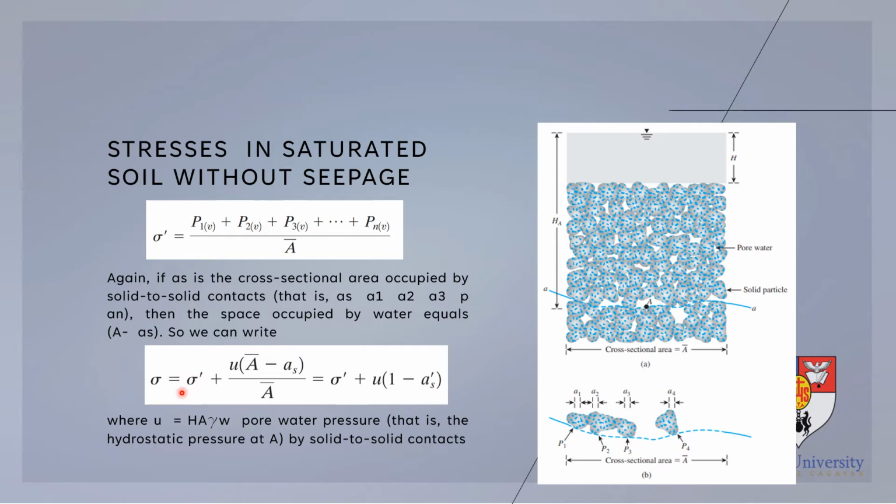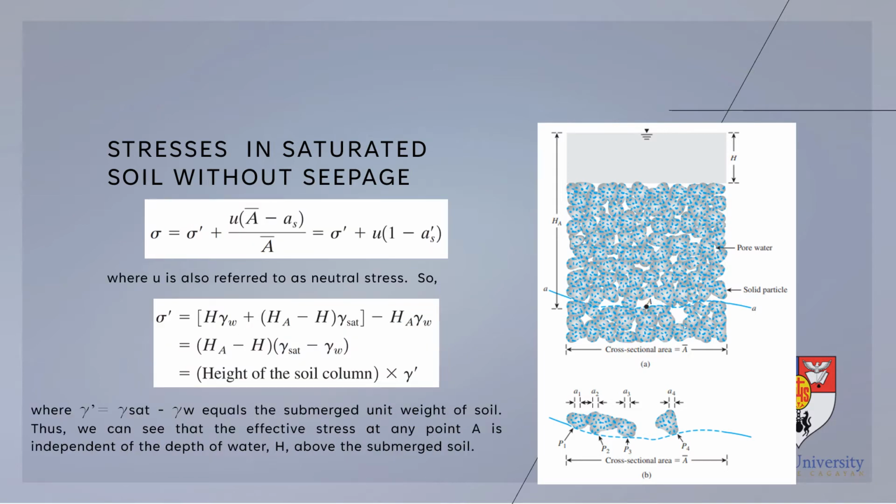So we can now write the stress at point A as this equation, where u is the pore water pressure, computed by multiplying the unit weight of water times the height of the saturated soil right above A. It is also referred to as the neutral stress or the pore water pressure, denoted by small letter u.